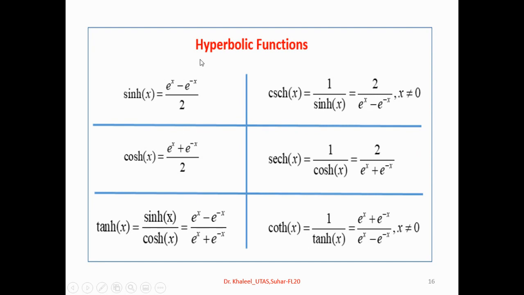So we have 6 hyperbolic functions: sine hyperbolic, cos hyperbolic, tan hyperbolic, cosecant, secant, and cot hyperbolic. That means in the trigonometric family, we have 6 trigonometric functions, 6 inverses, and 6 hyperbolic functions.